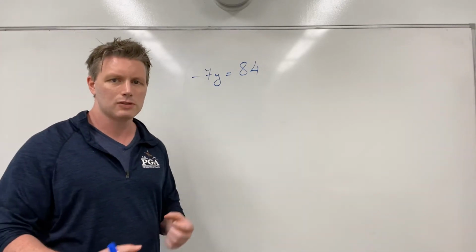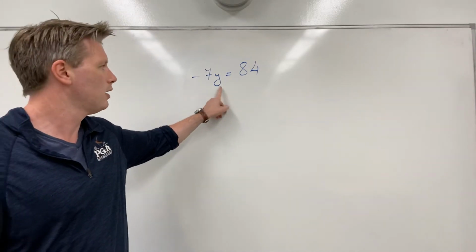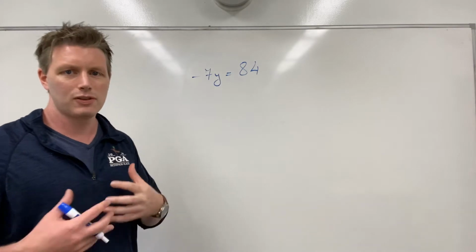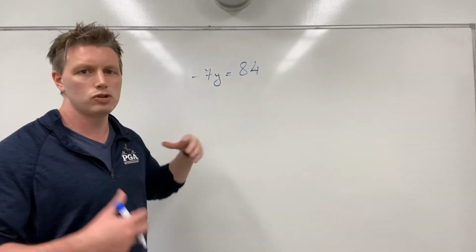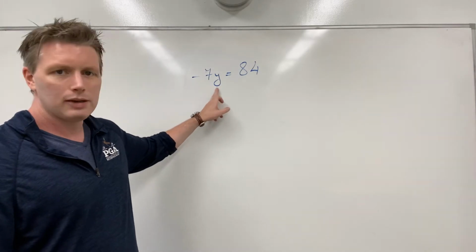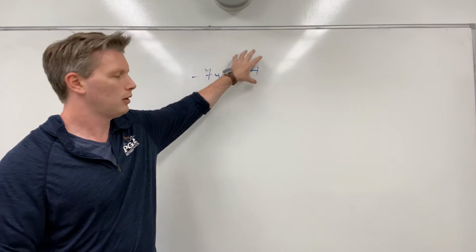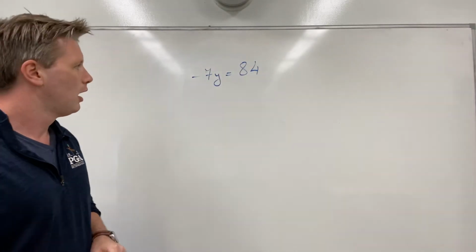Solving the equation means finding the value for the variable, in this case y, that makes the statement or the equation true. What value would I need to input here for y that would make the left-hand side of my equation equal to the right-hand side of my equation?